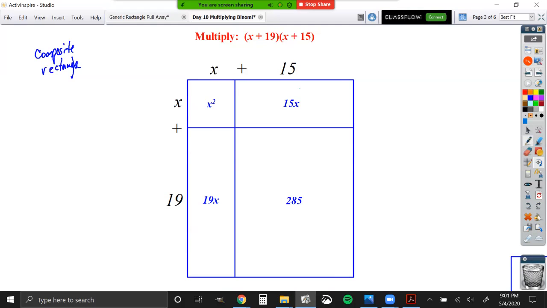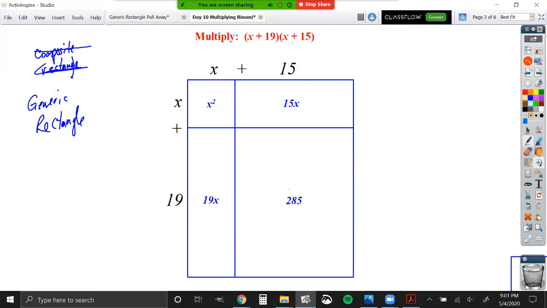So instead of using a composite rectangle, if we used a generic rectangle, something that allowed us to multiply or get the areas of the sections that we needed. So instead of 15x tiles being drawn here, I'll just write 15x. Instead of drawing 19x tiles, I'll write 19x.